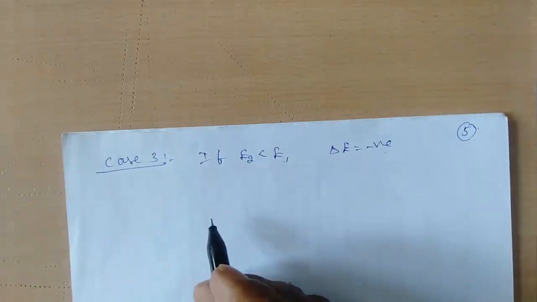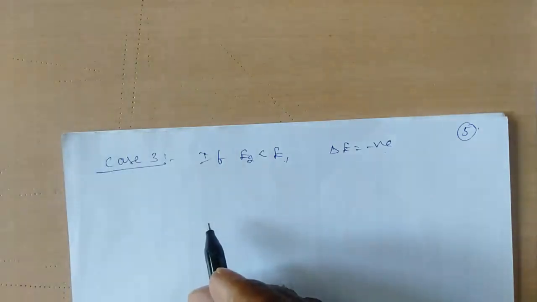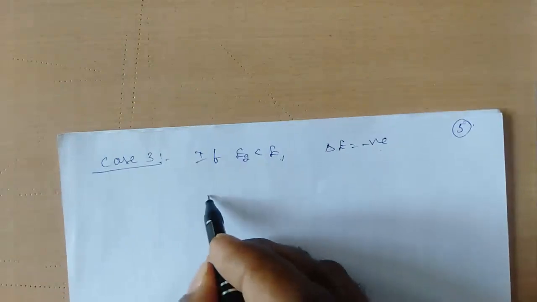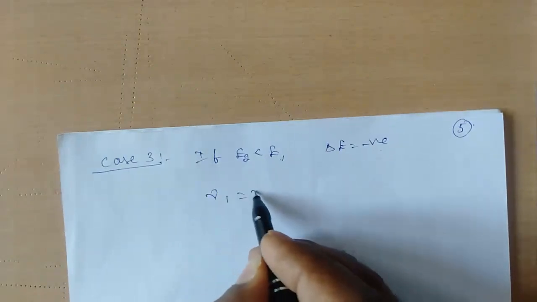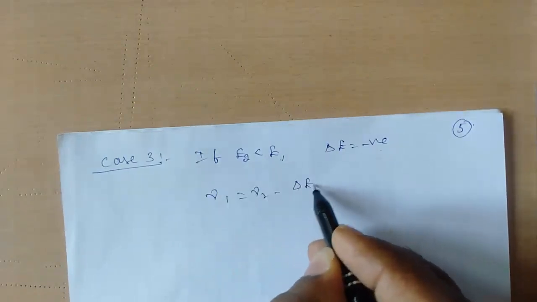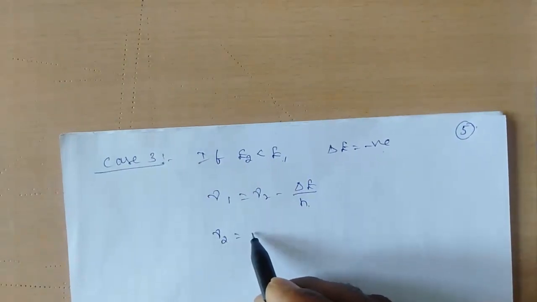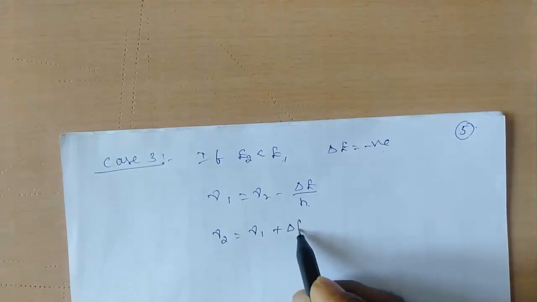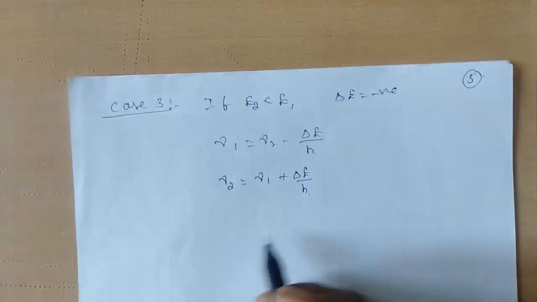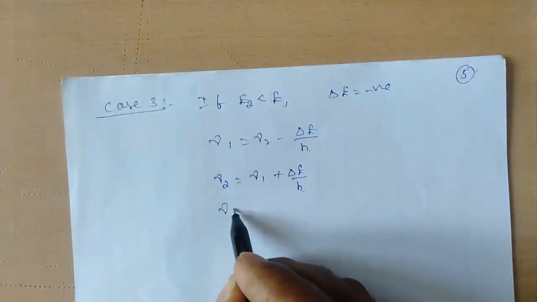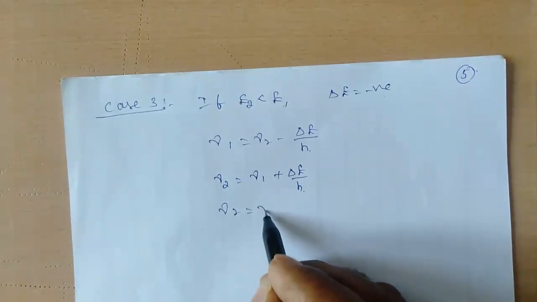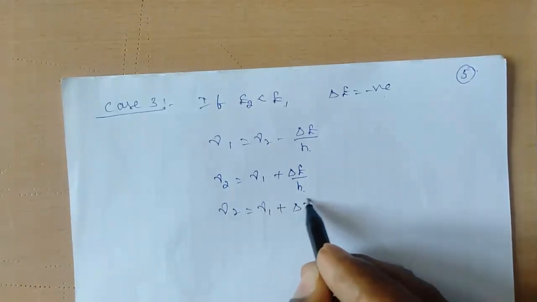So therefore the frequency corresponding to this particular spectral line can be written as nu 1 is equal to nu 2 minus delta E divided by h. Since we need nu 2, this can be written as nu 2 is equal to nu 1 plus delta E divided by h. Okay. Now we have nu 2 is equal to nu 1 plus delta nu.